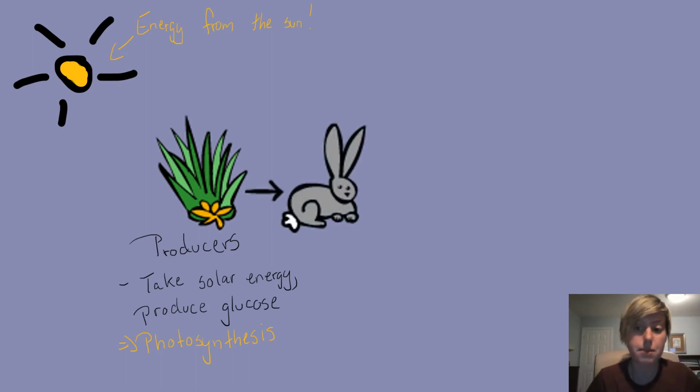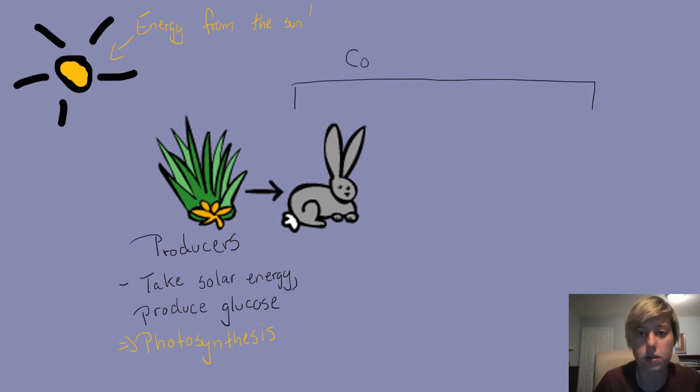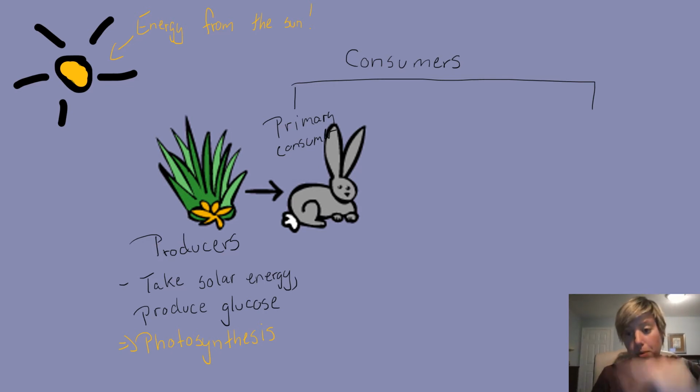Now, the organism that eats the producer, all of these guys are going to be considered consumers. The organism that first eats would be the primary consumer. And the primary consumer is always a herbivore because the primary consumer eats the producer, and the producer is always a plant.